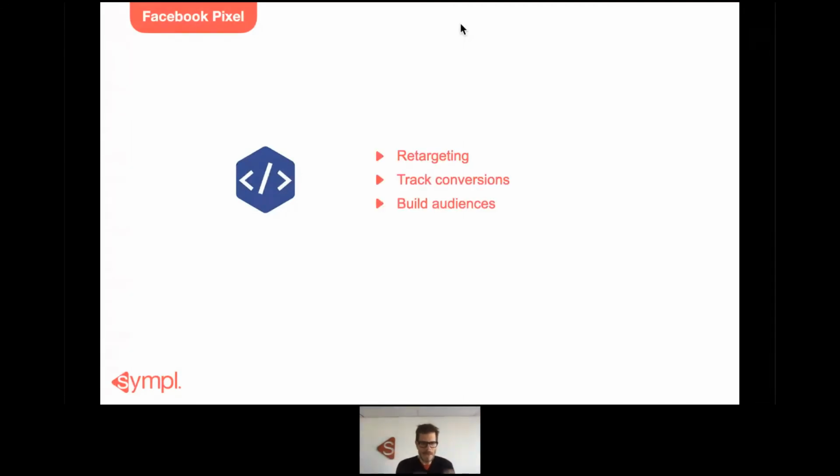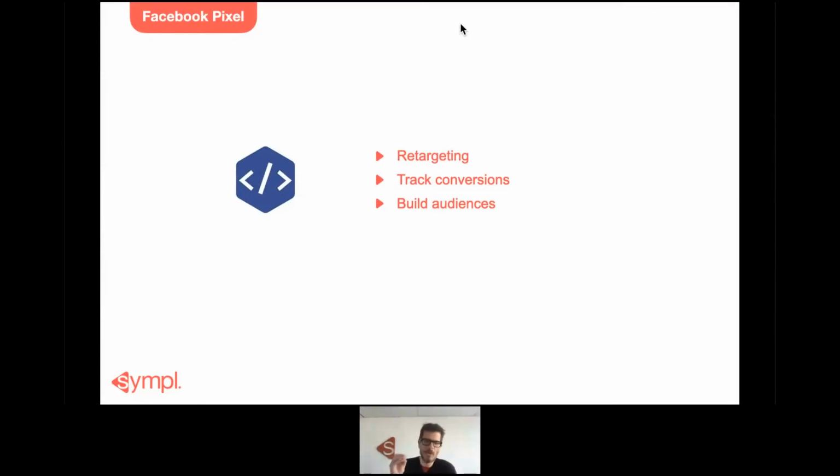What is a Facebook Pixel? It's a small piece of code which you'll add to your website. You can ask your developers to do that. It's not that complicated, but it will immediately increase the power of your Facebook advertising, because it will allow you and Facebook to also track, once people have clicked on a Facebook advertising and they come onto your website, what people are doing.